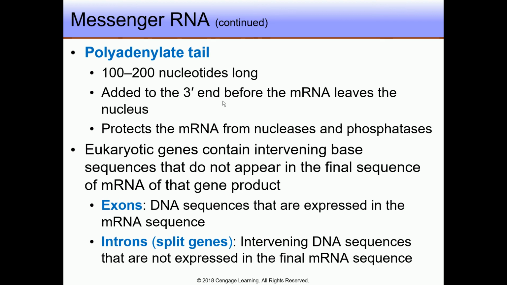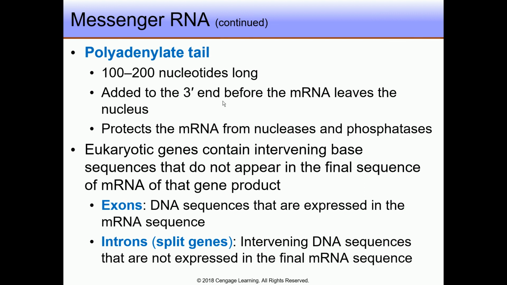So why are the two ends of mRNA modified? Because mRNA is an RNA, and RNA is a very unstable molecule. This mRNA has to move from the nucleus to the cytoplasm, and it has to bind to the ribosomes, because ribosomes are the protein factories. The process of translation is going to take place on the ribosomes. On the way, this mRNA is going to meet various enzymes, and these enzymes can degrade the mRNA.